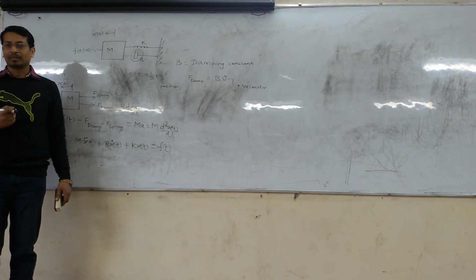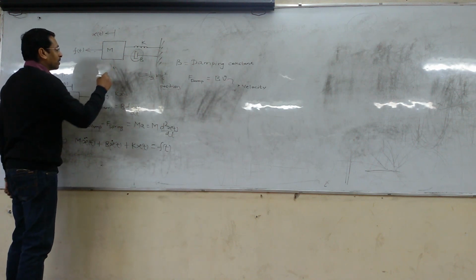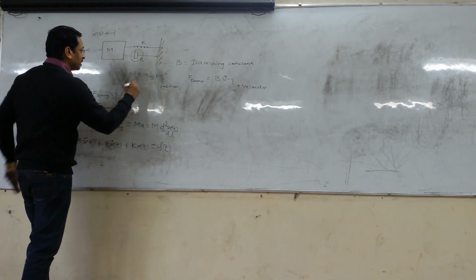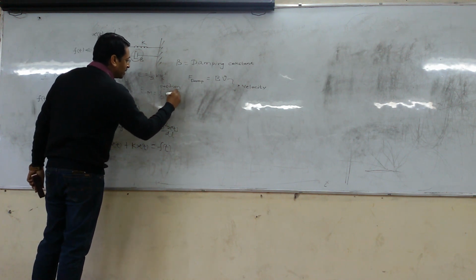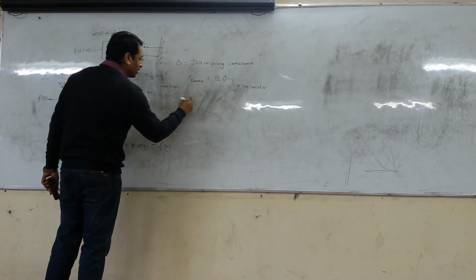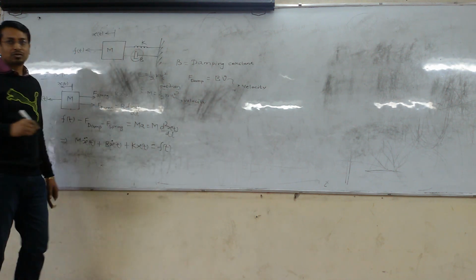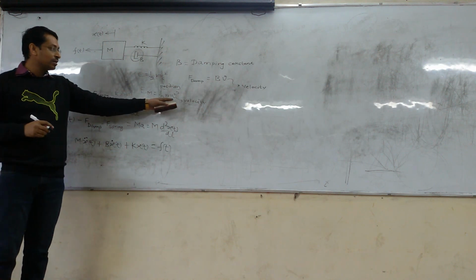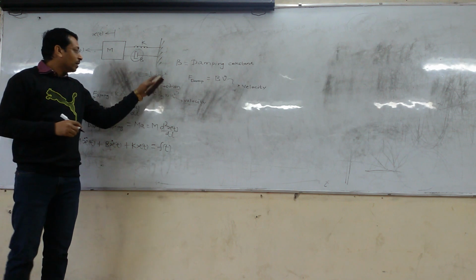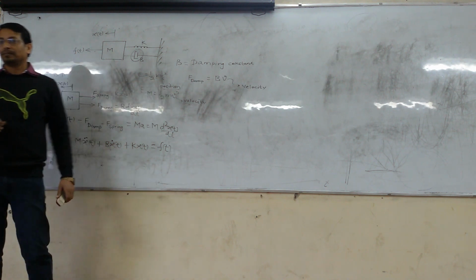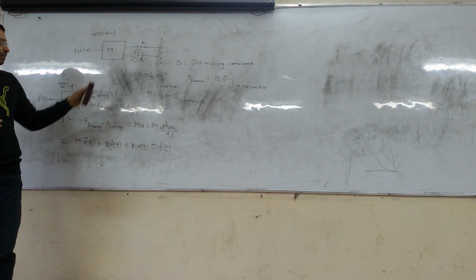So here, mass will be one more energy storage element, that is half m v square, where v is your velocity. So mass can store energy in terms of its velocity, and spring can store energy in terms of its elongation or compression. So two elements are there.